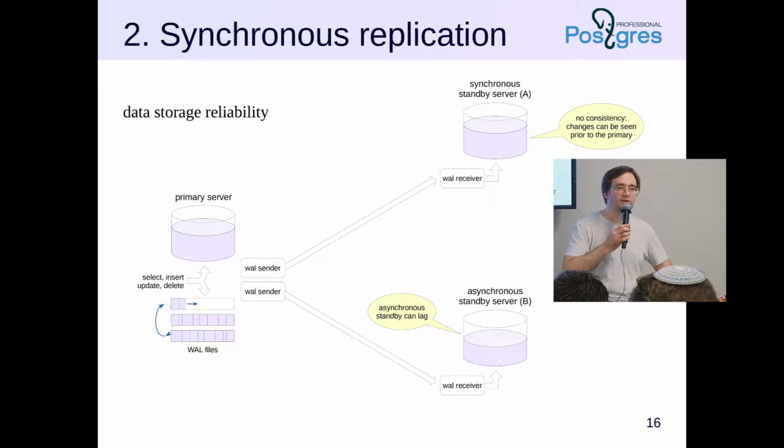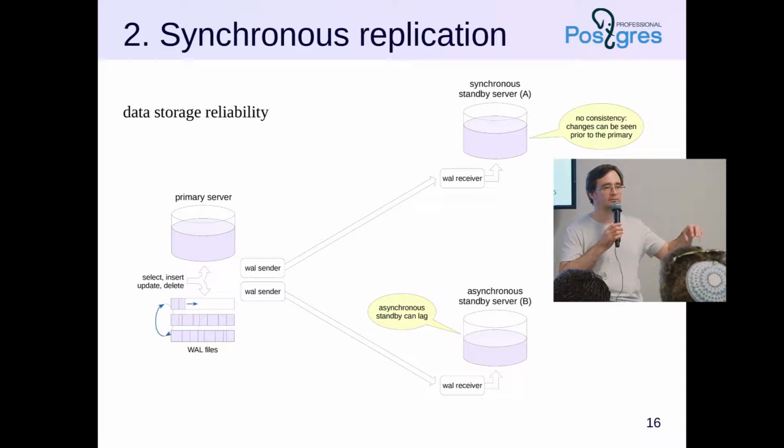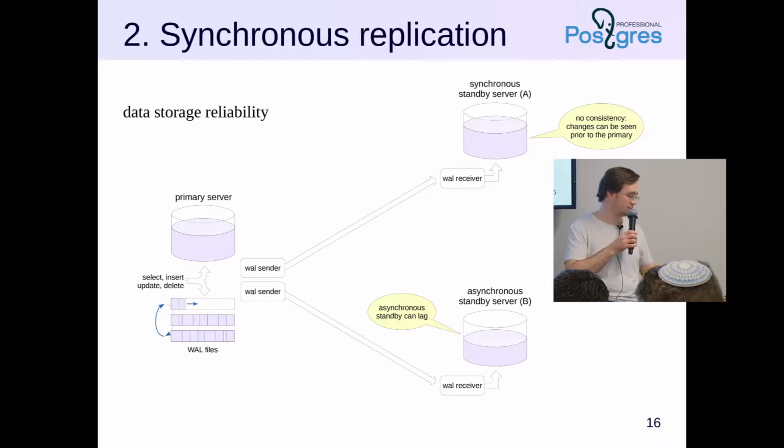You can use cascading replication in Postgres. What is the problem? If you have one primary server and several standbys, you must have a very broad network to send this data to each of the replicas, and it somehow loads the primary server because it must maintain several WAL sender processes.